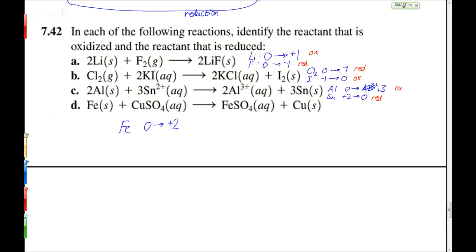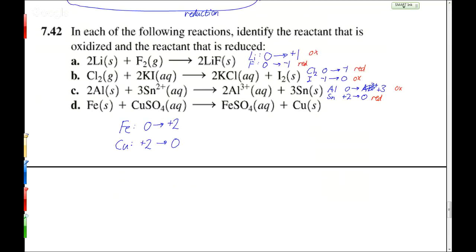And that one we can't figure out from the periodic table. We figure that out by knowing that sulfate is -2, and a compound between sulfate and iron has to be +2 to balance that out. And then copper is going to go from +2 to 0, same kind of thing.